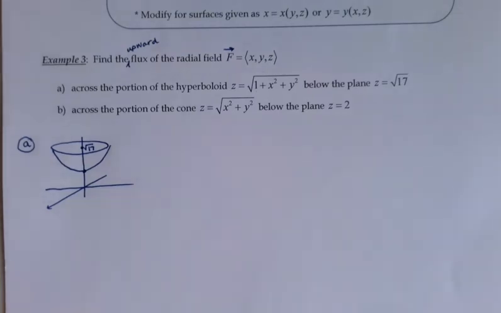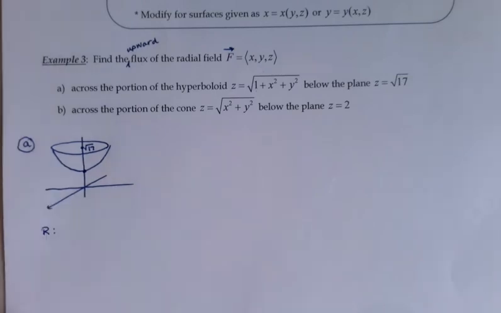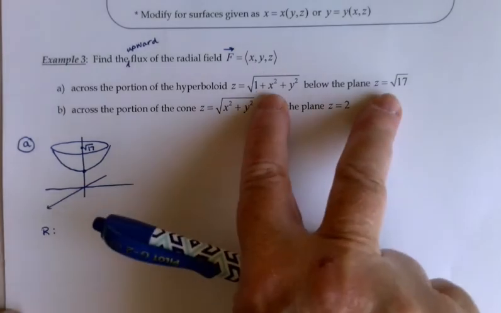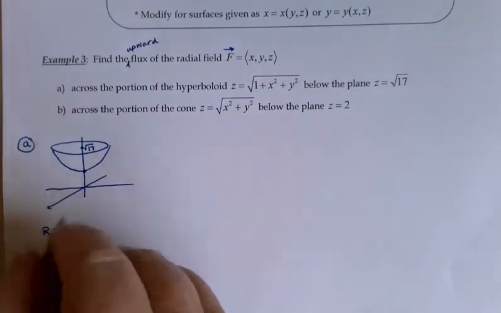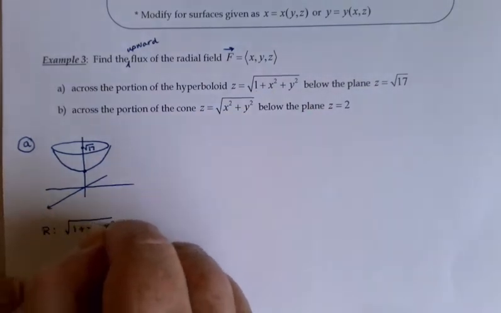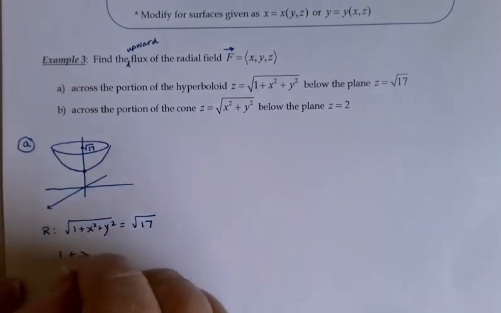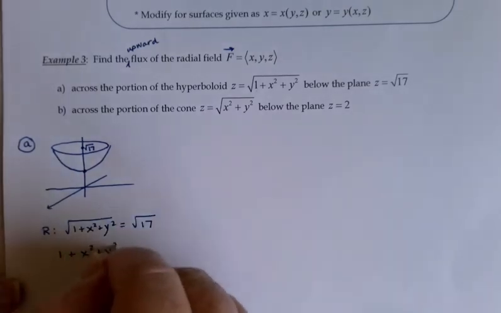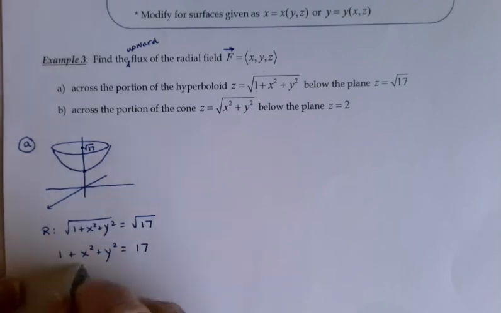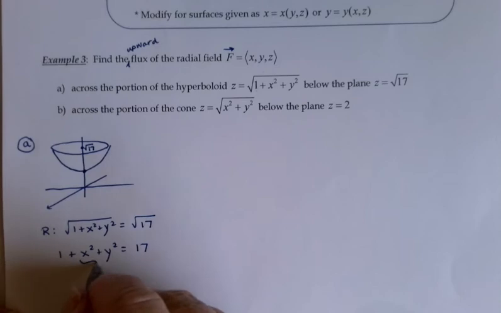All right, so let's start putting some pieces together. First of all, let's go ahead and just do R to get that out of the way. If I intersect my z values, of course I can square both sides. And probably I'm going to want to go polar here, so I'm just going to call this r squared.